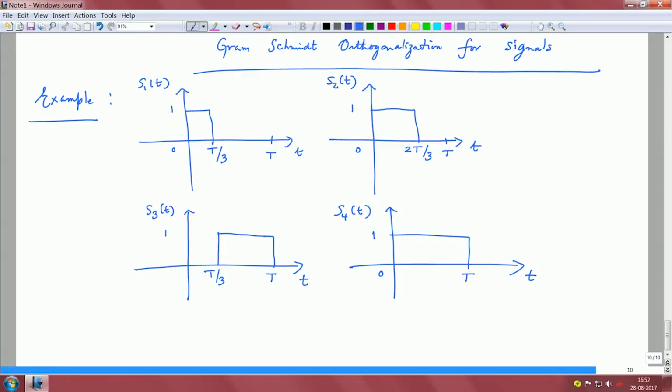So, if we just observe these signals under the definition of the inner product in the integral sense, you can figure out easily that some of them are orthogonal pairwise, but are some of these linearly independent is another question that you might ask. But obviously, for example, if you consider S4, this signal here, S4 is basically S1 plus S3.